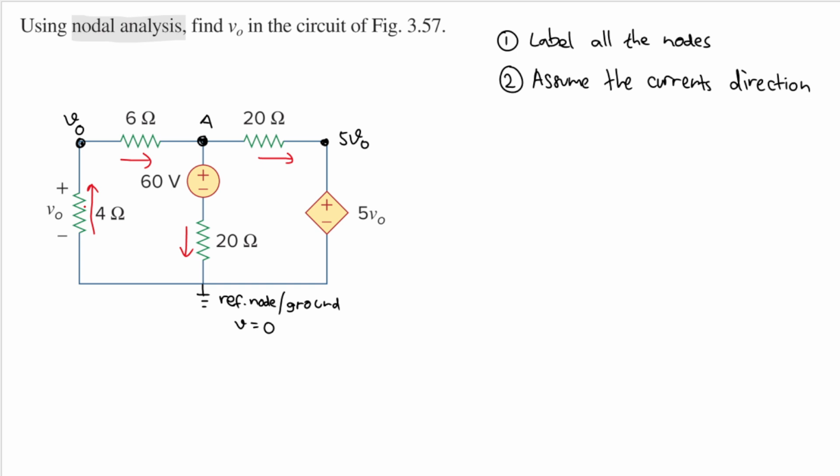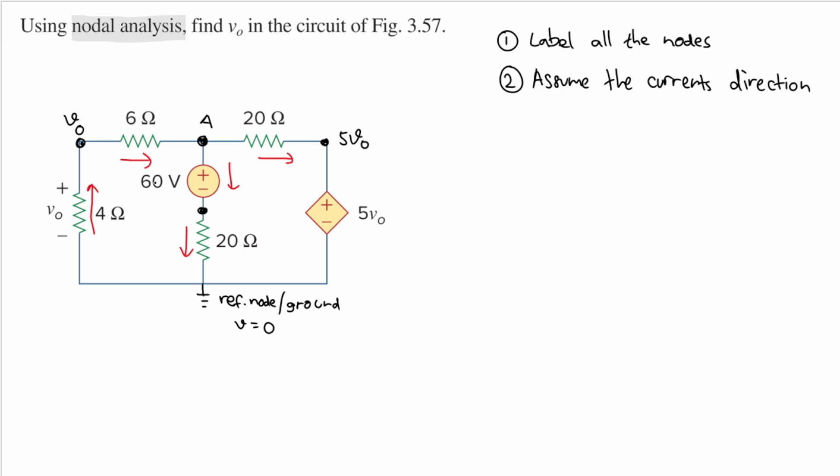And then I think we need additional information here, because we cannot calculate the current that passes through this 60-volt voltage source. But because it is in series with this 20 ohm, we can calculate via this current here. So we need the value of this node here.